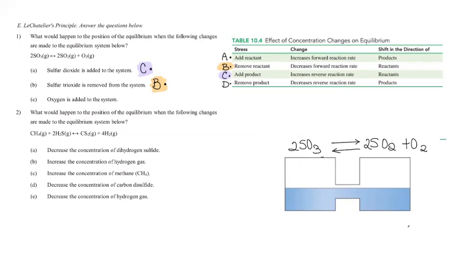So in statement B, it's kind of like we are opening the vessel and we're letting water rush from the system. So when that is happening, since we are lowering this level, then you can see that letter B says it decreases the forward rate.